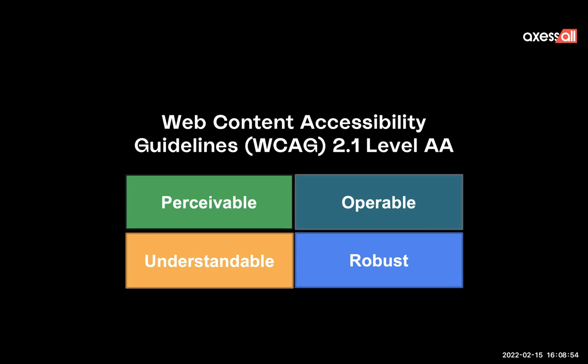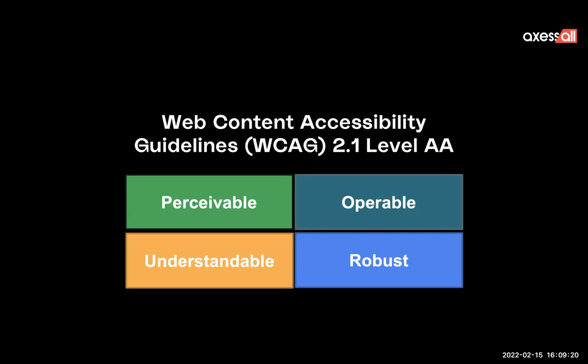So let's kickstart with the Web Content Accessibility Guidelines, WCAG 2.1 level AA, which we usually try to comply to. These guidelines are the principles and rules that we use when we design and build accessible products.